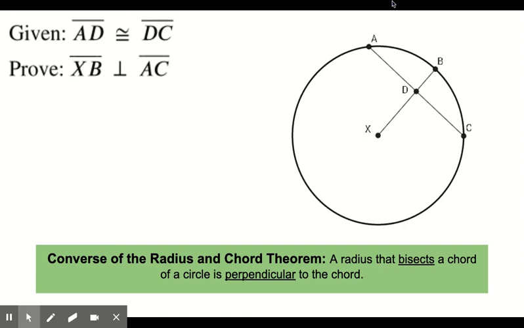We can take a look at the converse of the radius and chord theorem, and we know that a radius that bisects a chord of a circle is perpendicular to that chord. So now I'm going to work backwards. If I know that AD is congruent to DC, and I want to prove that XB is perpendicular to AC, I'm just going to work backwards.